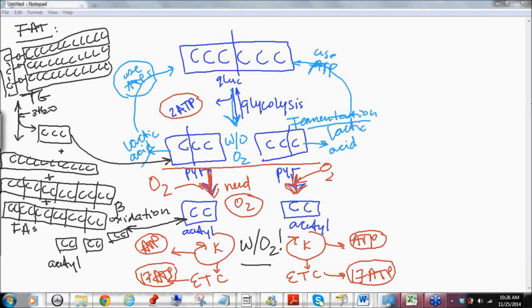Now, the last bit is to go over the other side of the metabolic map, and that is the side of our proteins. Okay, so if you guys remember, proteins sometimes are used for energy. That's not their primary function.